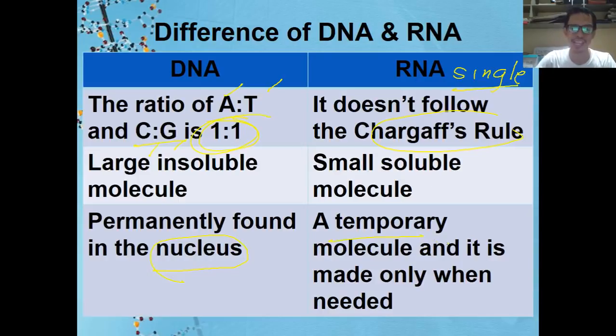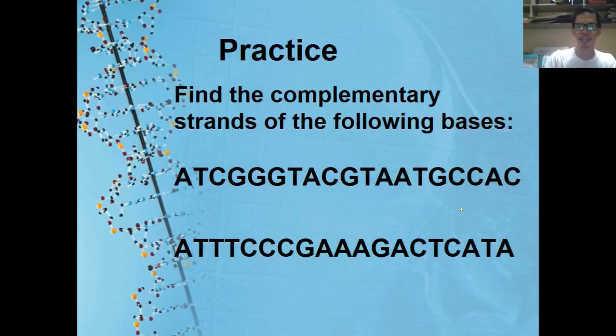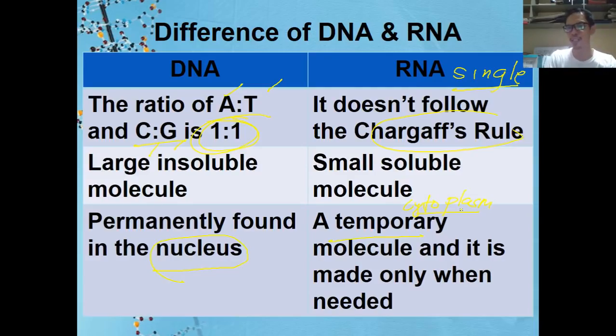It is found in the cytoplasm, and it only enters the nucleus when it is needed. Okay, so those are the basic differences between DNA and RNA. I hope you will never forget these differences, so that you will not mix up these two nucleic acids that we have right here.